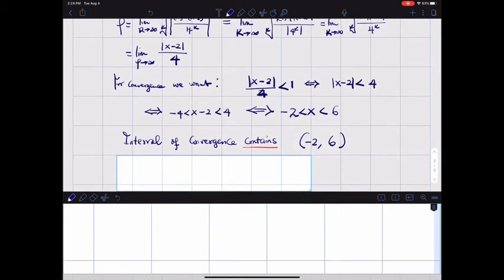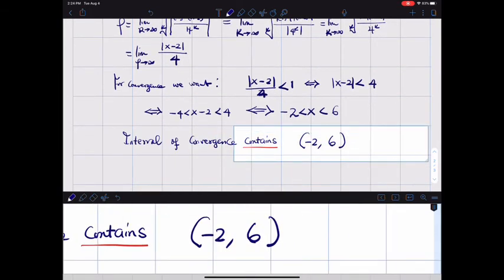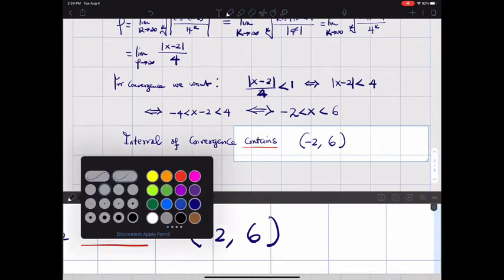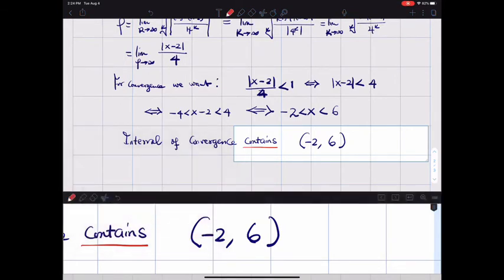Now, what happens at the endpoints? Because we want to get as large an interval as we can. Instead of the open interval, can we include -2 and 6?